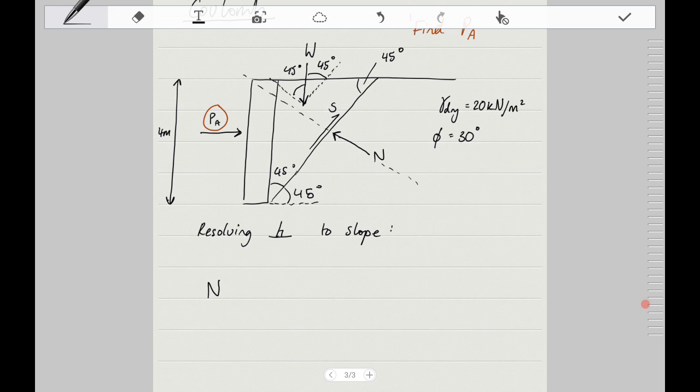So for this question, it's quite easy if you've been given 45 degrees, because you basically know that the angles are all going to be 45.